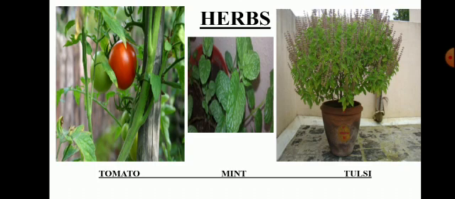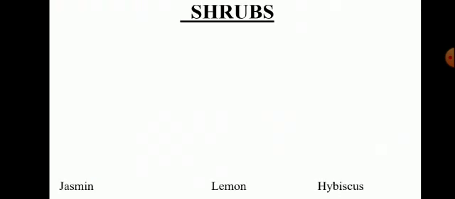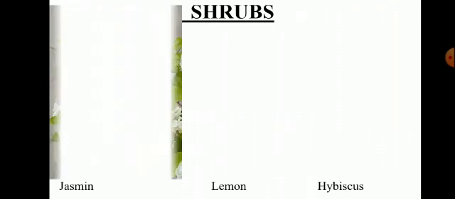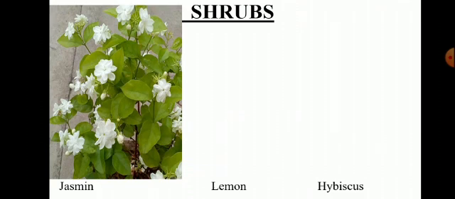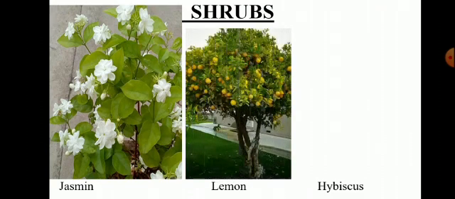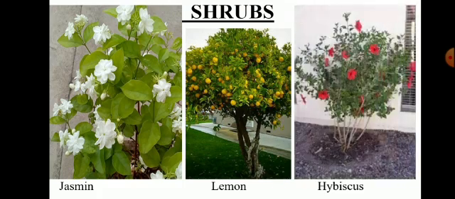Some common examples. Then we go to shrubs. They are bushy and have hard stems that do not bend easily. These are plants with the stem branching out near the base.